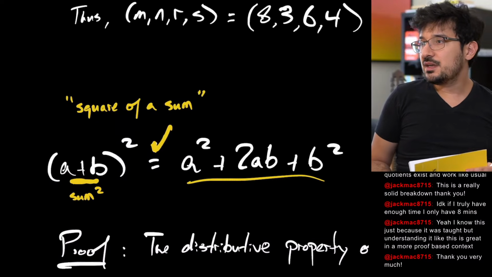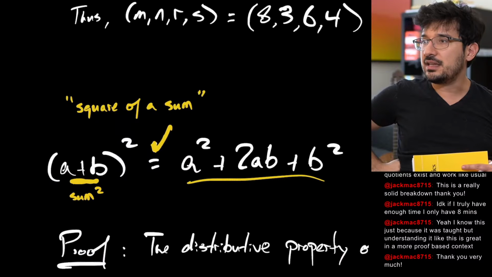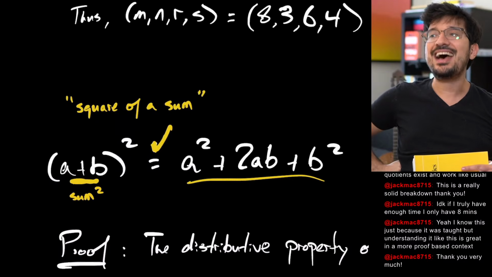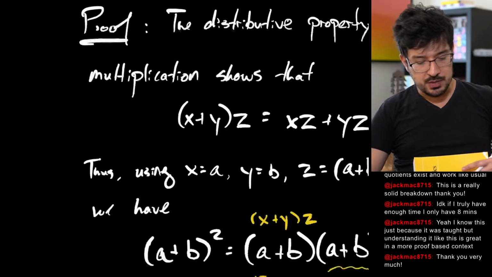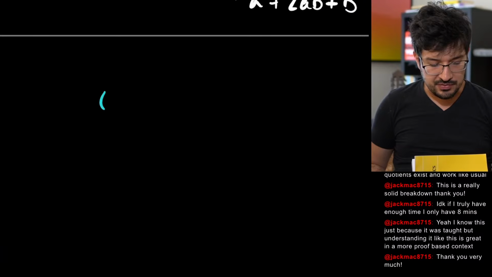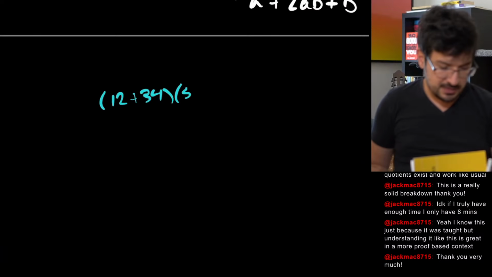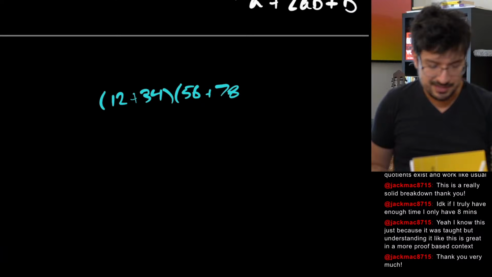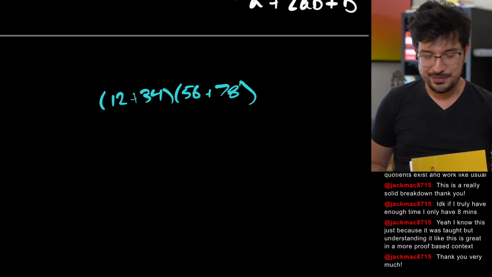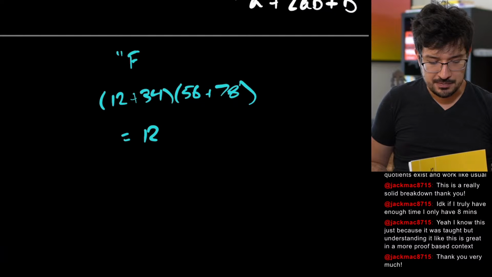Heck yeah, dude. I know this just because it was taught, but understanding it like this is great in a more proof-based context. We all memorize the patterns, and we've seen things like 12 plus 34 times 56 plus 78, right? I'm just using 1, 2, 3, 4, 5, 6, 7, 8 to make up a problem. We're used to foiling a problem like this.